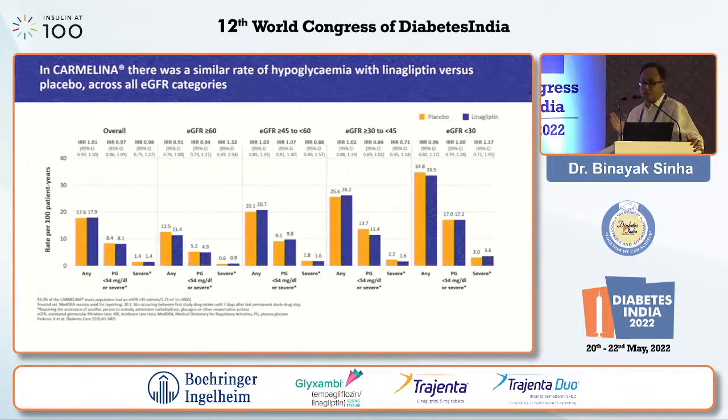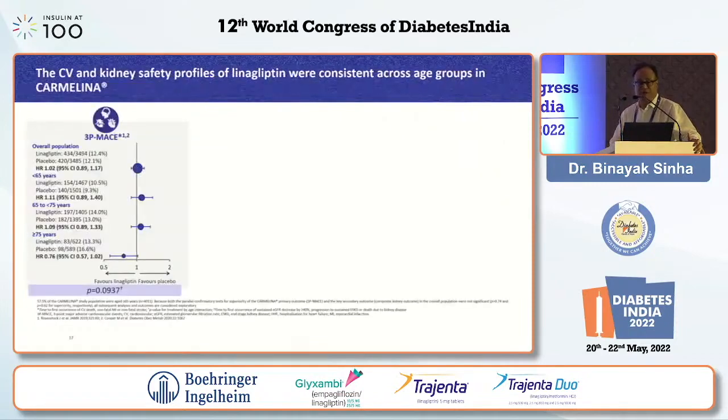But add to that, what is really beneficial to see in patients with CKD, in whom hypoglycemia is a huge risk, patients who have the highest risk of hypoglycemia, hypoglycemia rates with linagliptin were comparable to placebo. So it was as good as not giving a drug as far as the rate of hypoglycemia. So you get a benefit, there is no risk, and you have a very low risk of hypoglycemia.